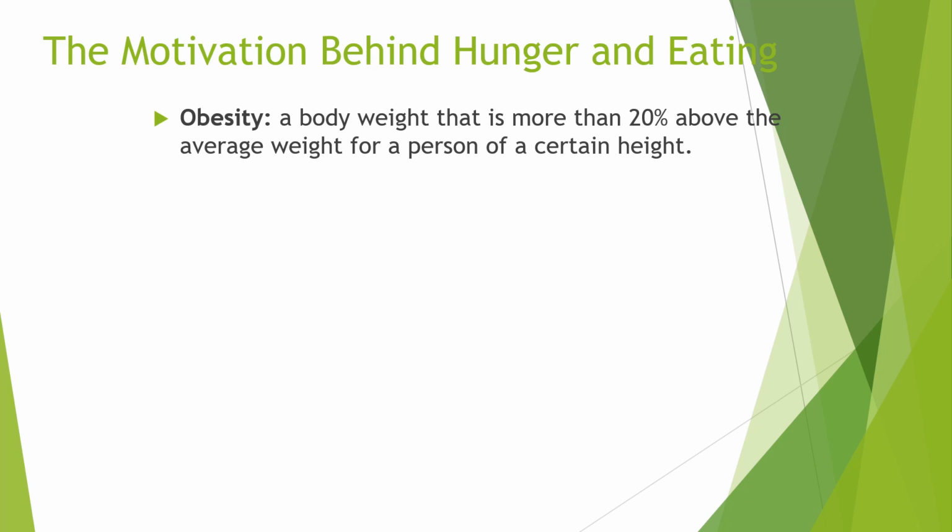So people of certain heights, whether that be 4'5" or 5'6" or 6 feet or 7 feet tall, whatever height there is for a person, there is an average weight that people of that height have. If you are more than 20% above that average weight, then you are considered obese.